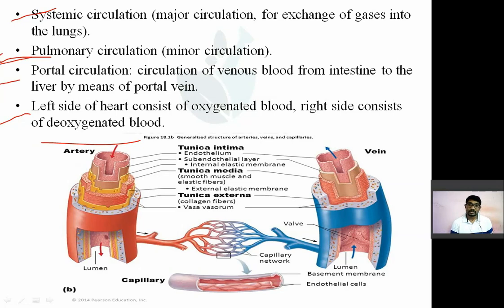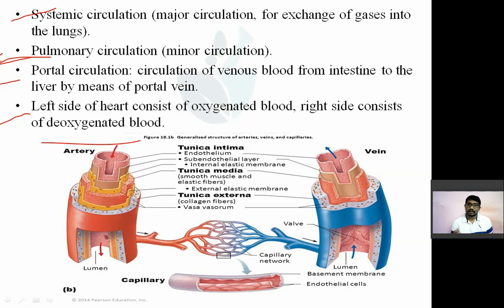Blood vessels are of two types: arteries and veins. Okay. So arteries and veins, they will also divide into smaller ones. Artery will divide into smaller arteries known as arterioles. Arterioles will again divide into smaller blood vessels known as capillaries. Okay. So capillaries, arterioles, and then artery, and after that major artery is known as aorta.